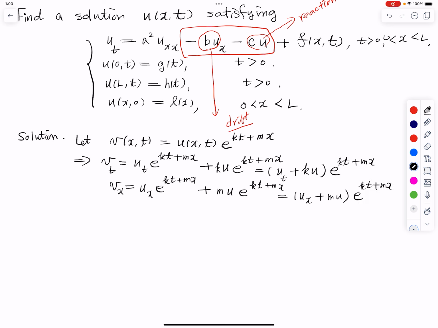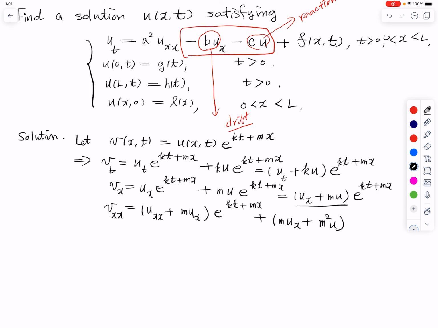I'm going to differentiate once more with respect to x. Then we get u_xx plus m u_x, times e^(kt+mx), plus, differentiating the second term, m u_x plus m square u, times e^(kt+mx). Putting it together, v_xx is (u_xx + 2m u_x + m² u) e^(kt+mx).